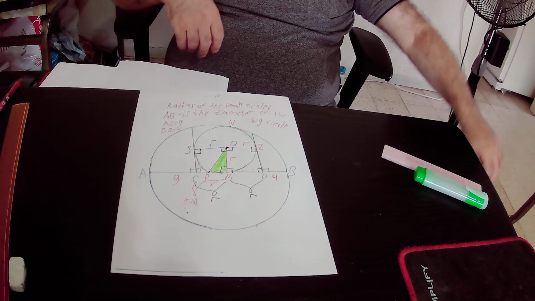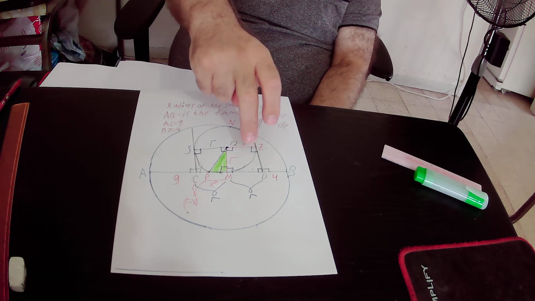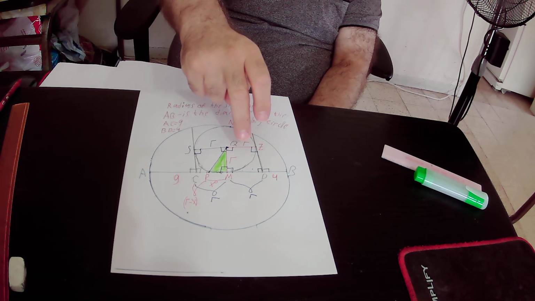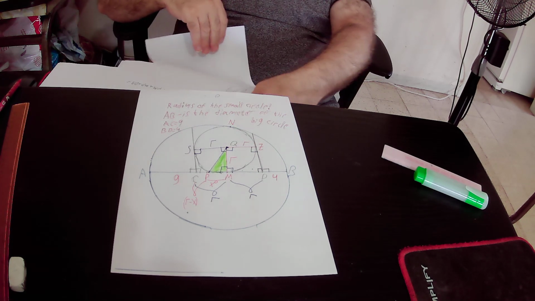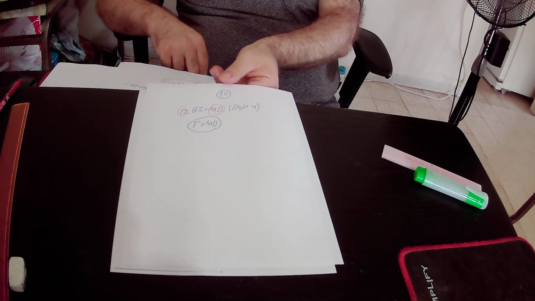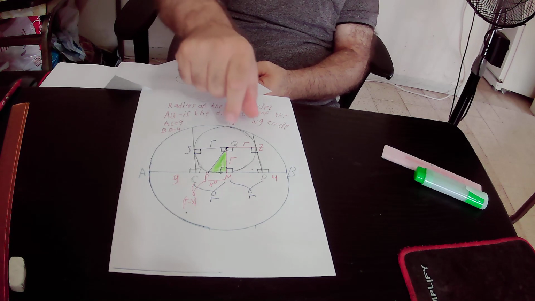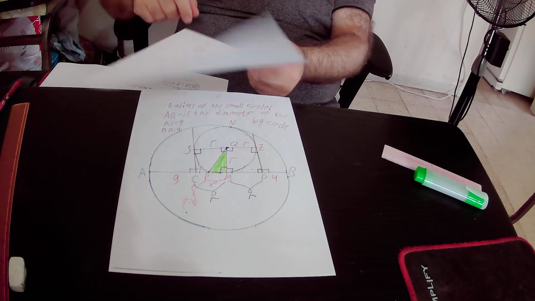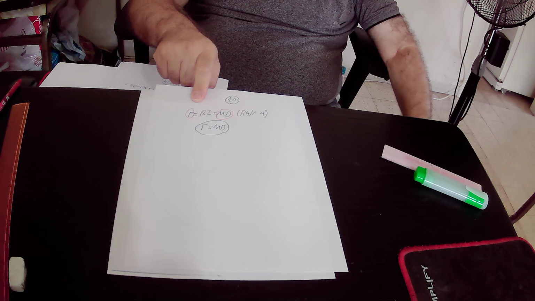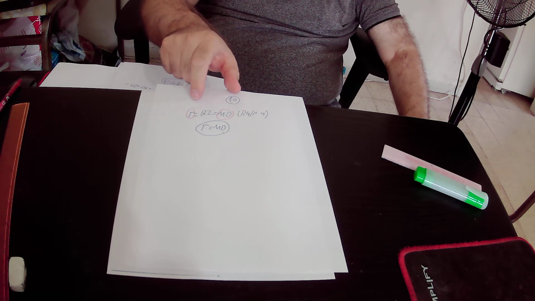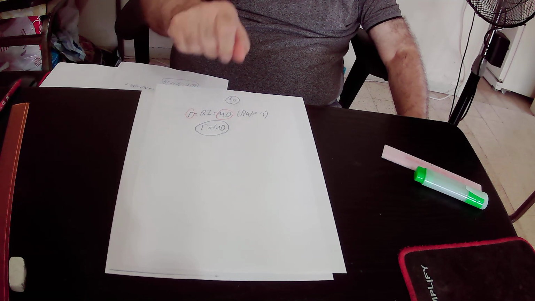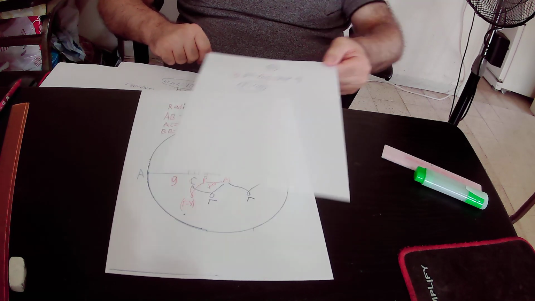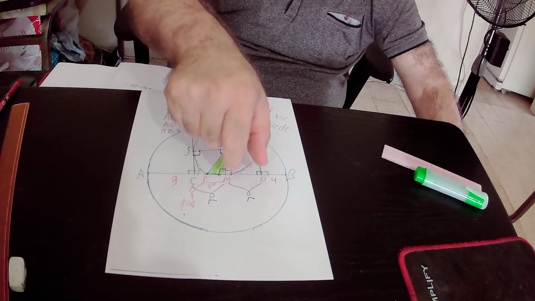So the opposite sides of the rectangle QZMD are equal. That is to say, QZ equals MD. But QZ is the radius of the small circle, so QZ equals small r. So from MD equals QZ equals small r, we can derive that MD equals small r.